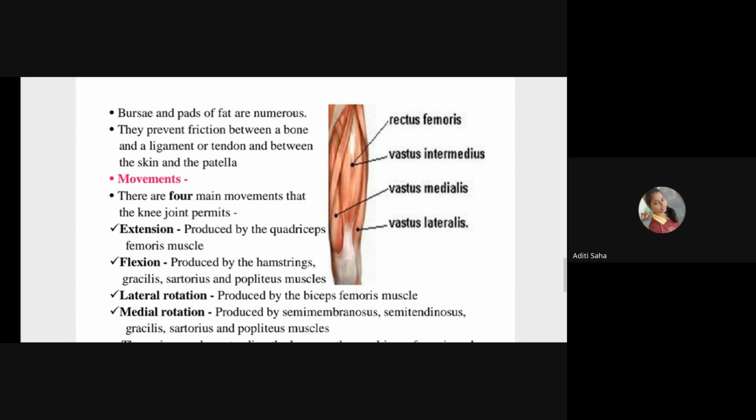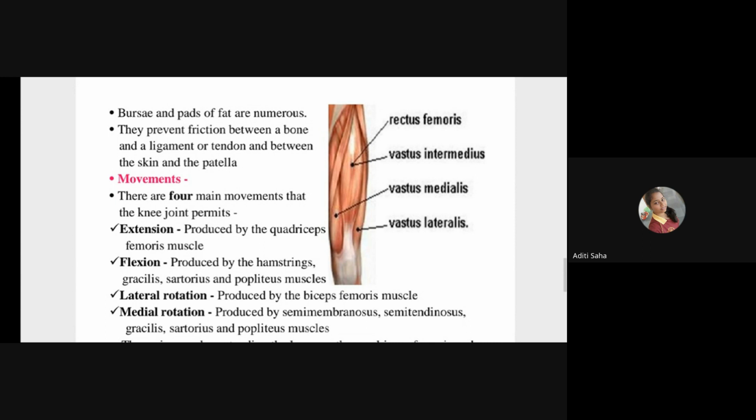Next is lateral rotation. We have also discussed what lateral rotation is. Anyone, please? Lateral and medial rotation. It's away from the midline. Yes, making away from the midline, that is lateral rotation, and towards the midline, that is medial rotation.